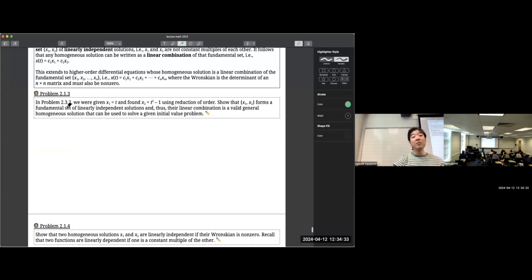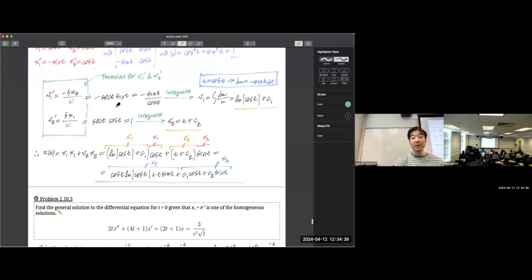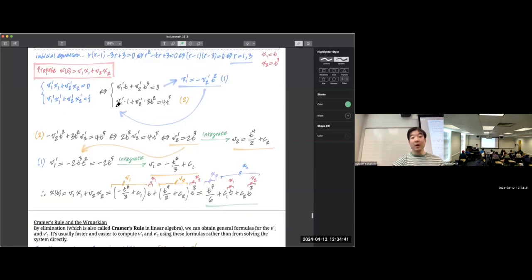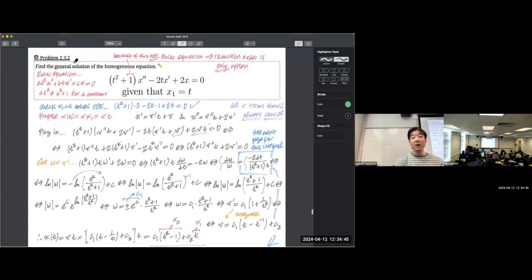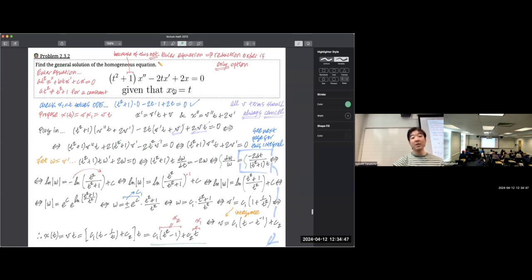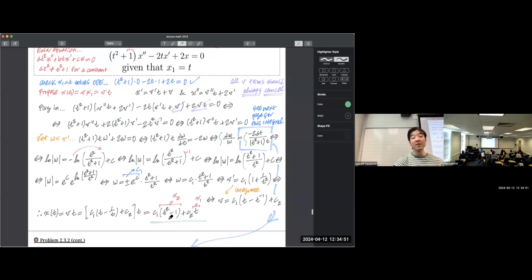So in problem 2.3.2, we did the reduction of order. It was up here. I gave you one of the homogeneous solutions, x1 is equal to t, and then we went through and found that the other homogeneous solution was t squared minus 1.